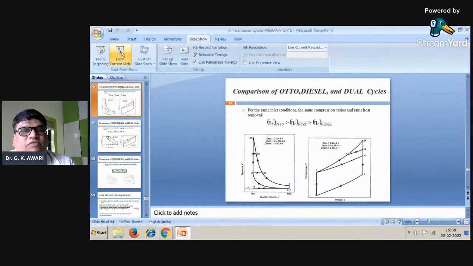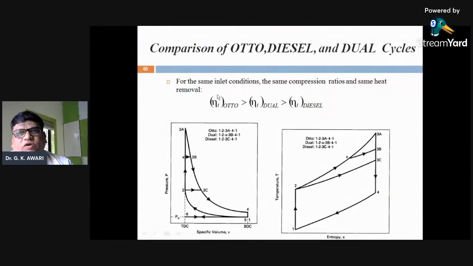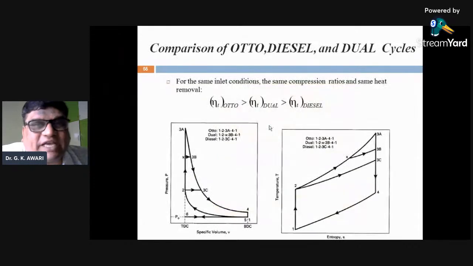So we were on the topic of the comparison of the Otto cycle, the diesel cycle and the dual cycle.